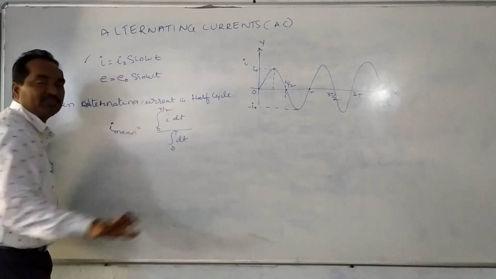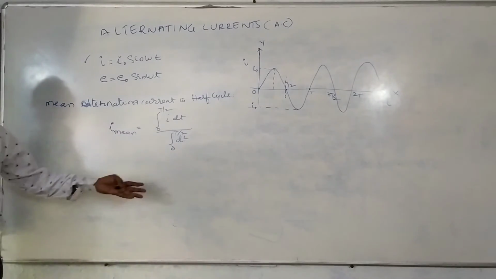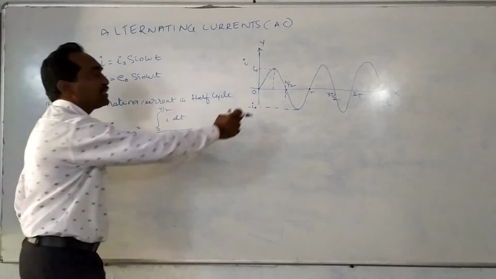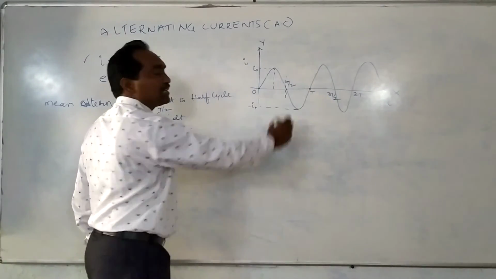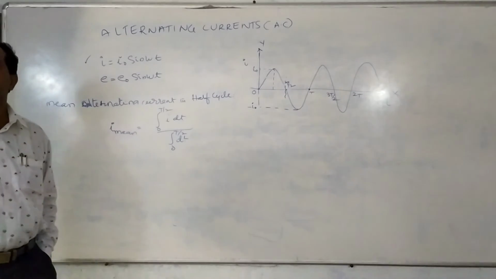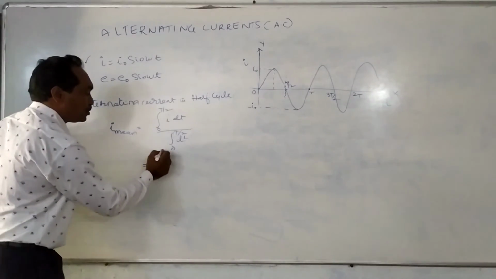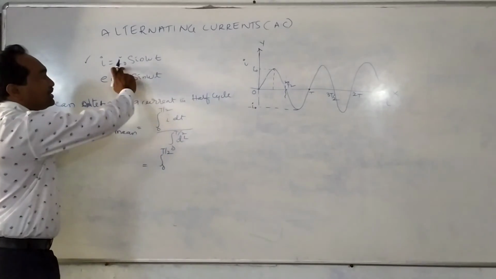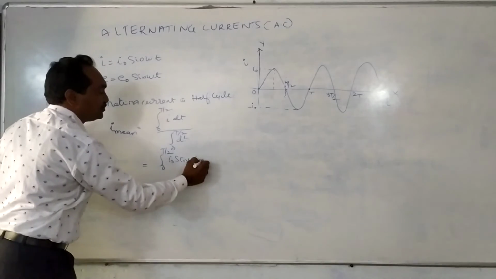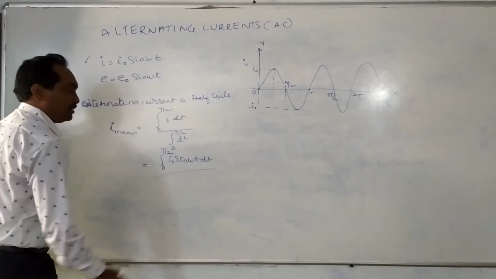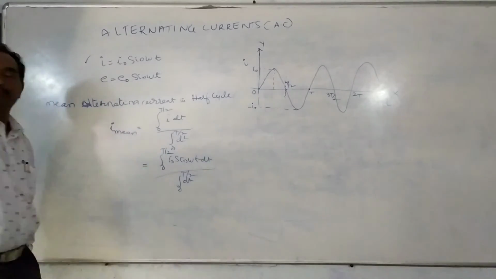That's good. That is enough. When we know these limits, the answer is very easy, because for the half cycle the lower limit is 0 and the higher limit is capital T by 2. Now this is equal to integration from 0 to capital T by 2, where I is replaced by I naught sin omega t as usual, into dt, divided by integration dt whose limits are from 0 to T by 2.